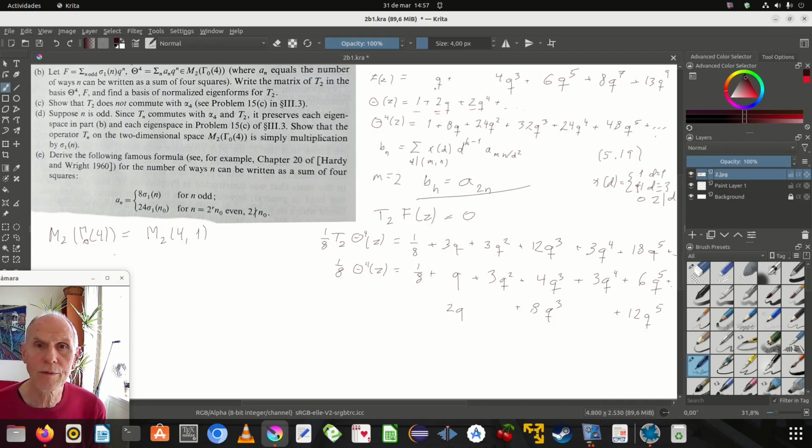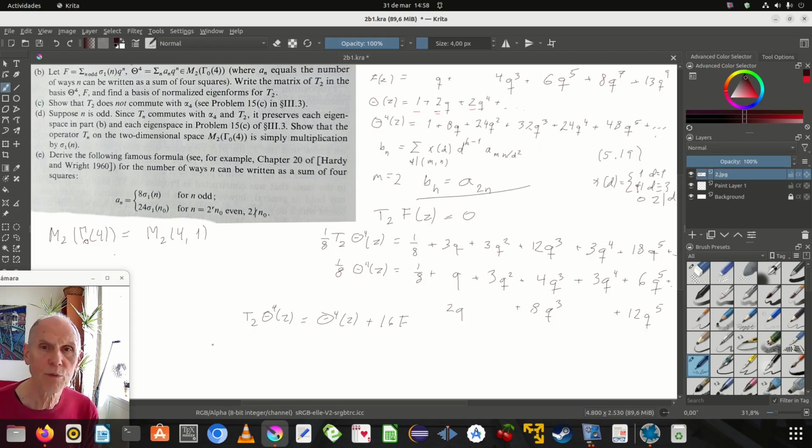So you see, they are just twice, and that means we have the general formula. And 2 times 8, that's 16 f.